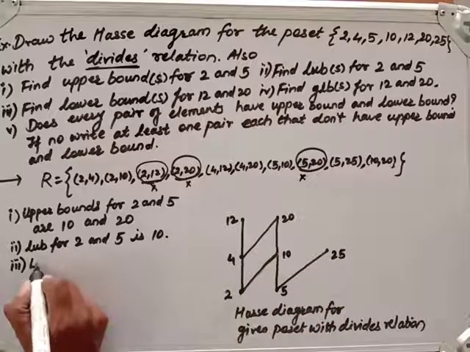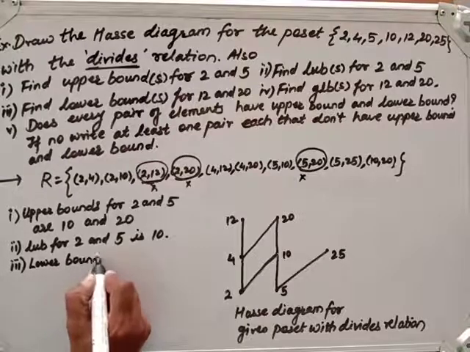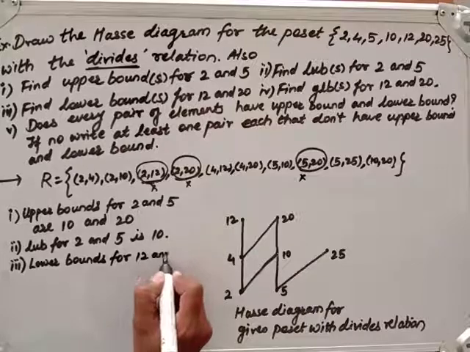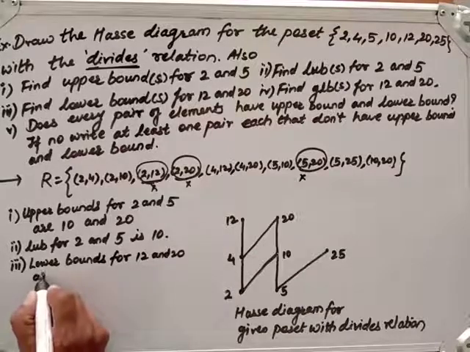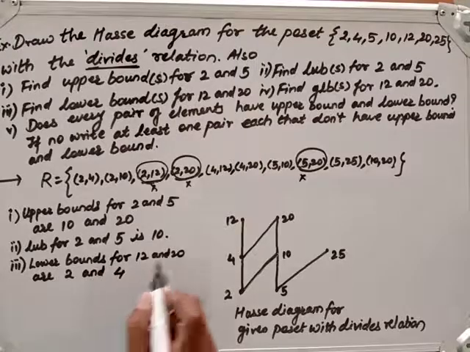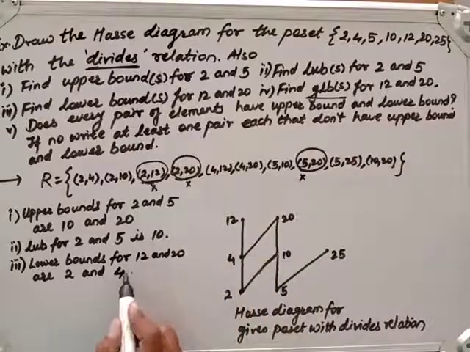Okay. So lower bounds for 12 and 20 are what? 2 and 4. Now what is the next one? Greatest lower bound. Which is the greatest among them? The greatest among them is 4.